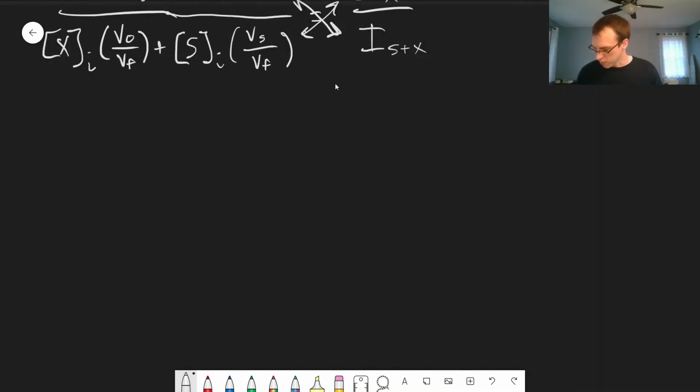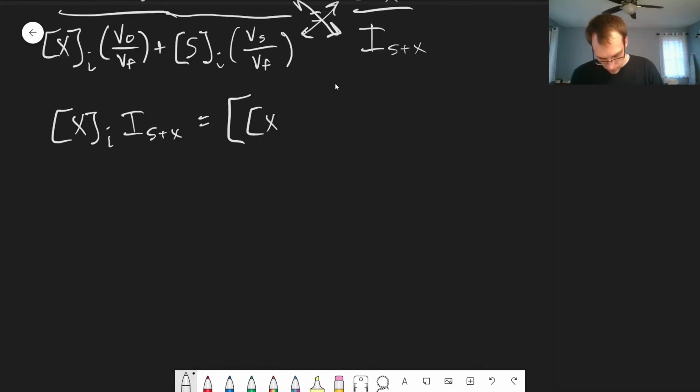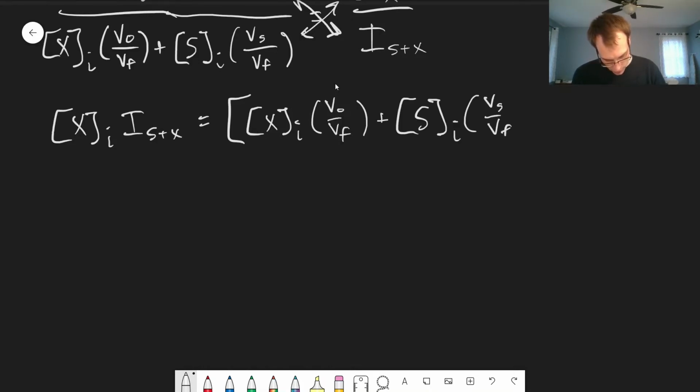This will get a little bit messy, but we'll have xi times the signal that we get from both the standard plus the unknown, equal to everything in the denominator. So we have both of these more complicated expressions: concentration of standard initial times Vs over Vf, all of that times Ix.